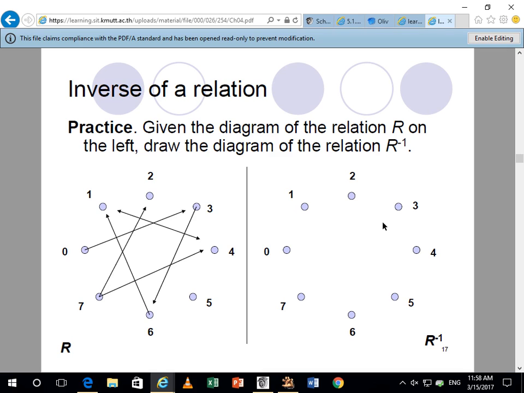What does 2 have? 2 has nothing. 2 as the input has nothing because it's not mapped to anything. 3 goes to 6. 3, 6. So the inverse is 6, arrow to 3. We can go through this, 0, 1, 2, 3, 4, 5, 6, 7, and complete all this to get the inverse mapping. Okay?